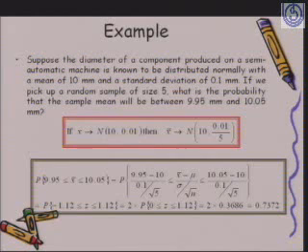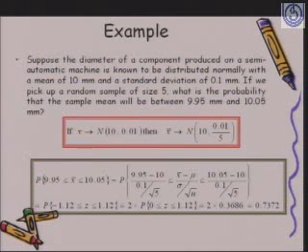And you are always provided statistical tables. They are given in your study material also. So what you do is refer to the standard normal distribution table, and from 0 to 1.12 you find the area under the curve, which comes out to be 0.3686.